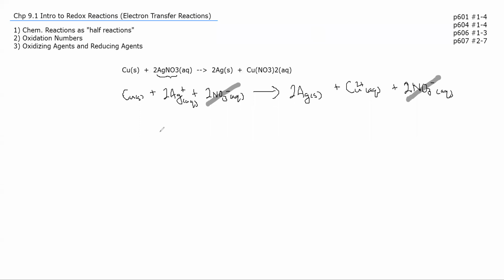They are spectator ions, leaving us copper and 2 ions of silver, turning into 2 atoms of silver and 1 copper ion. And up to the grade 11 level, that would be correct.